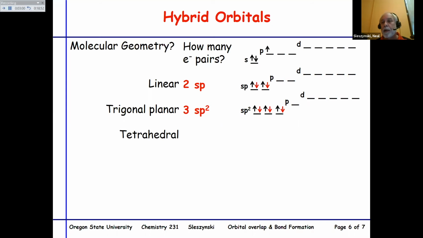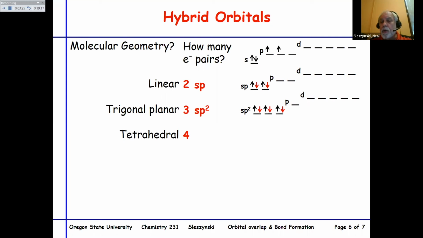Well, now we're finally at the carbon example, where I've got four repelling pairs of electrons. That means that from the atomic orbital point of view, here towards the top of the screen, I started out with a carbon atom with two electrons paired in the s orbital and two electrons split into individual p orbitals.